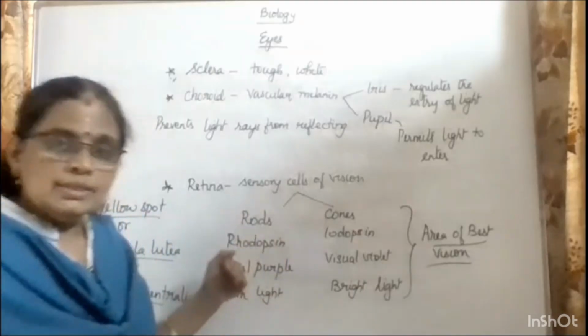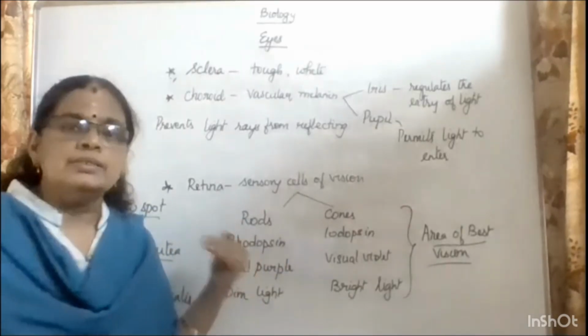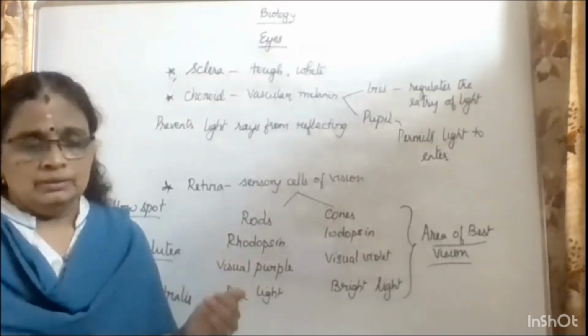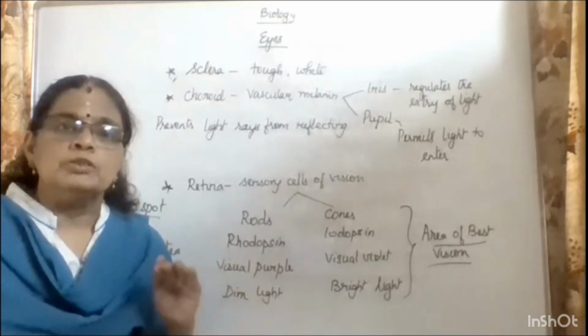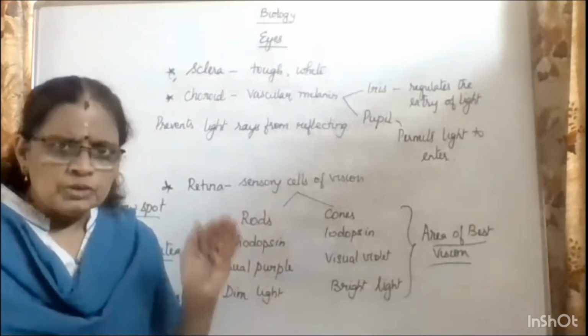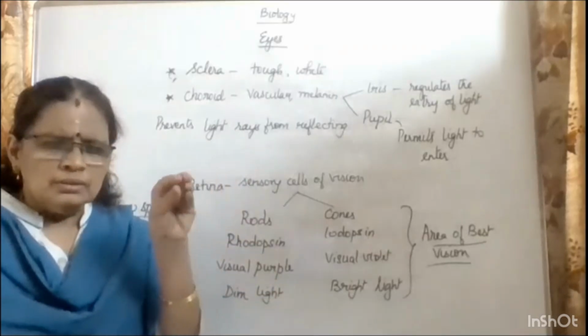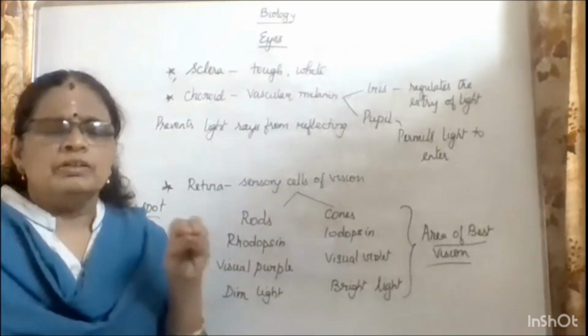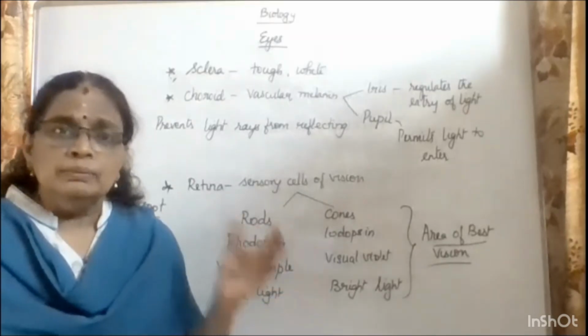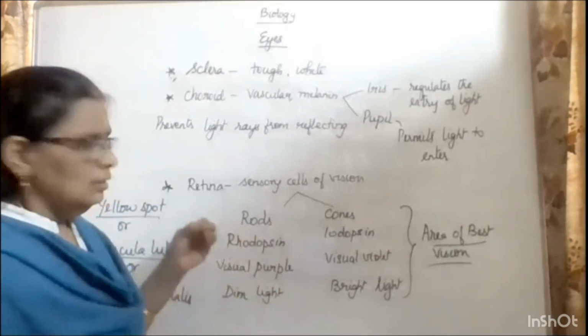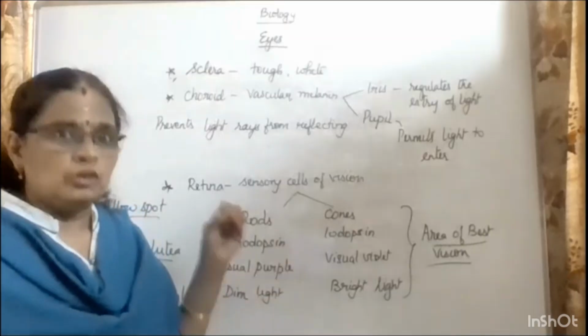There are other cells known as rod cells. Rod cells help us to see in dim light. Suddenly the current goes off, we are not able to see anything. But after a few seconds, we are able to see things which are not brightly visible to our eyes. So dim light vision is possible because of rods.